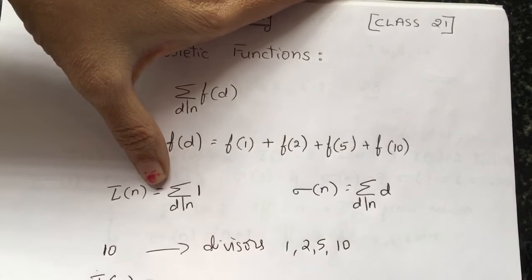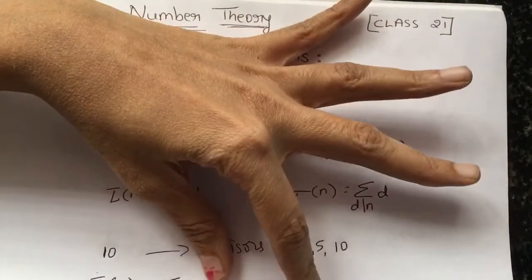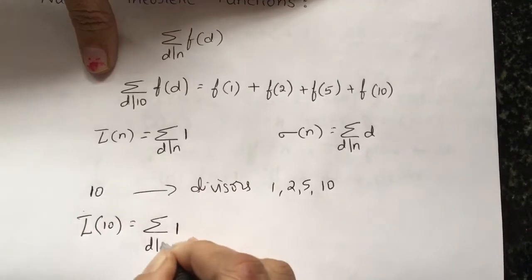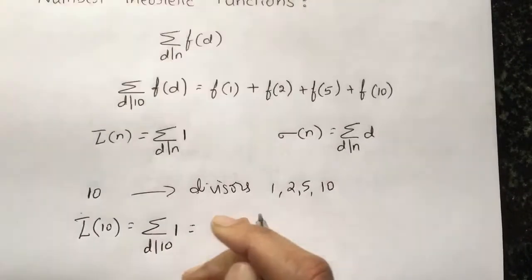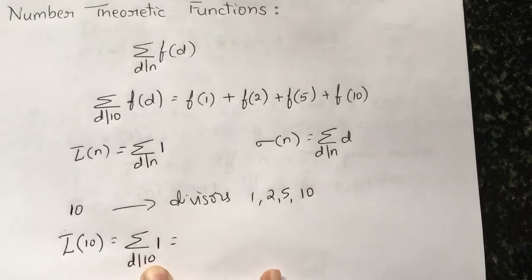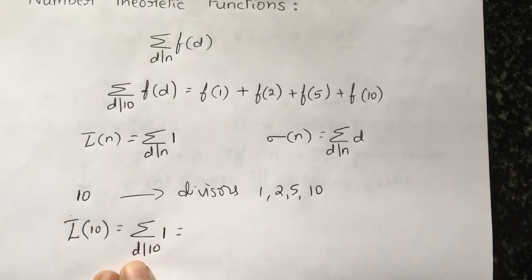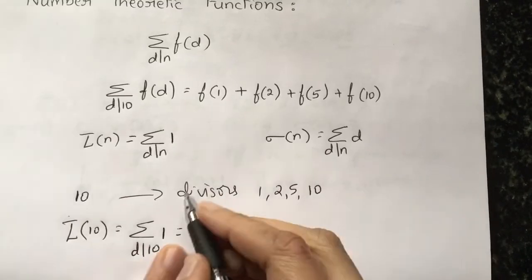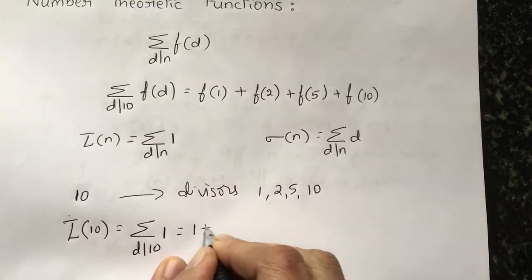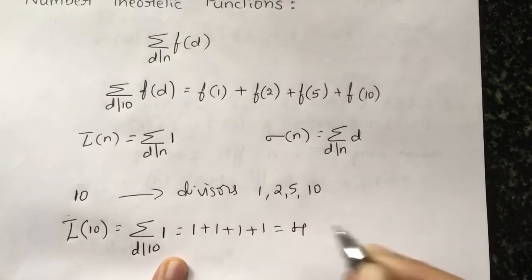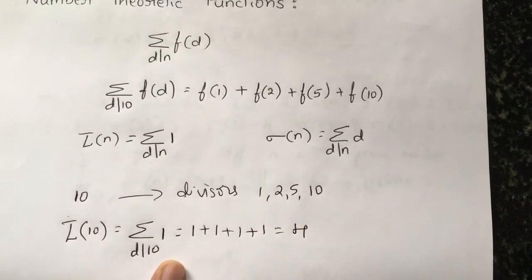Tau of 10 is nothing but summation of 1, where d divides 10. That many times I have to add. There are 4 divisors, so I have to add 4 times: 1 plus 1 plus 1 plus 1, so that it is 4, since I have got 4 divisors.